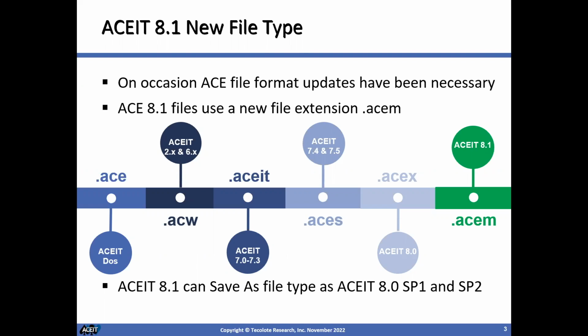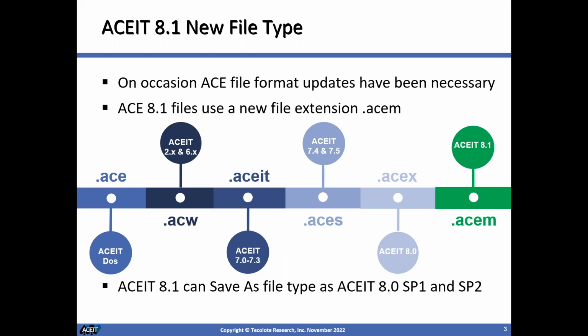Throughout our history, and here I've displayed, we're on the 6th file extension for Aceit with Aceit 8.1. Going back to our DOS days, we had the .ace files, and then we went to .acw files, and then we expanded to .aceit files. .aces files was next, and then with 8.0 we introduced the AceX file.